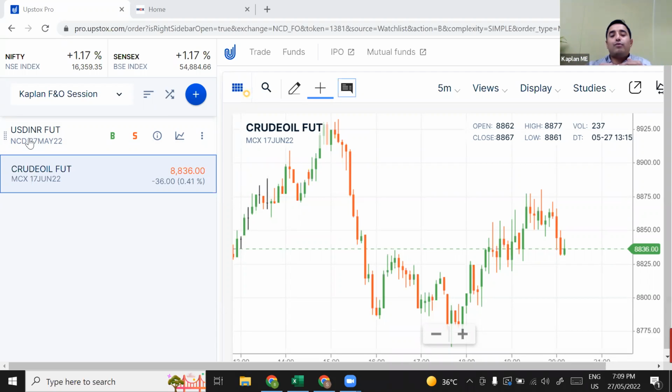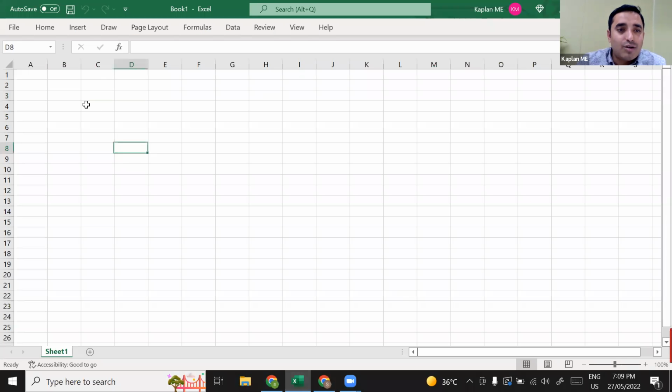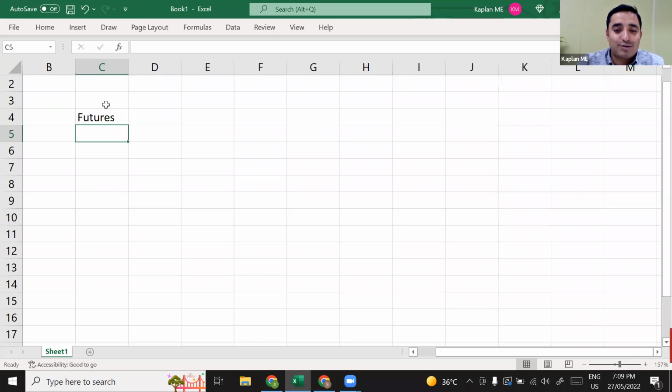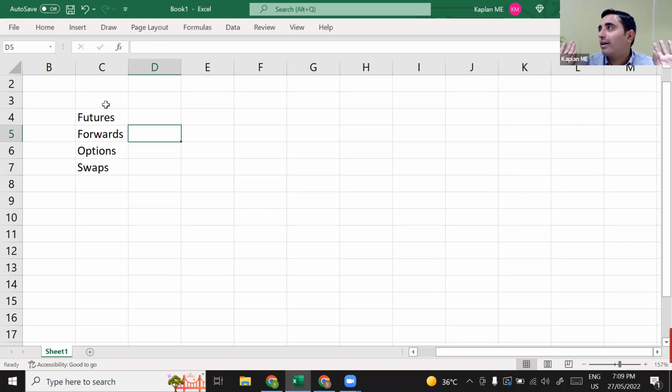Whenever you are trying to do something related to derivatives, you would have come across futures, forwards, options and swaps in your academics. Clear? Now, for you, forwards are out of the question. You, at a personal level, are never going to enter into a forward contract.